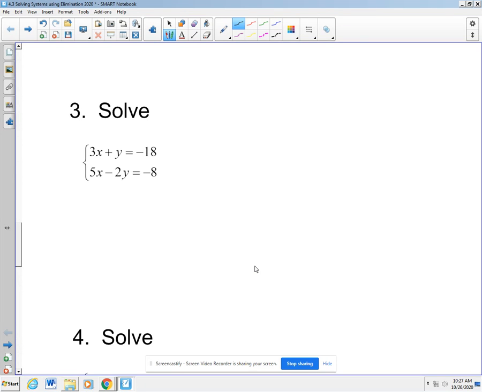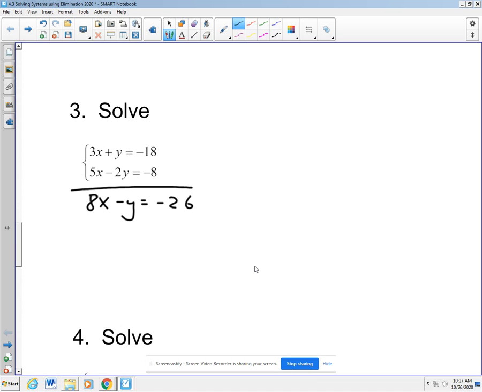Number 2 is very similar to the other one, so I'll skip it, but I want to do question number 3. How is question number 3 different than the previous one? If you add the equations, you get 8x minus y is equal to negative 26. Unfortunately, that does not eliminate one of the variables.